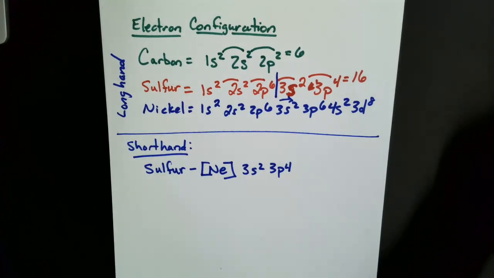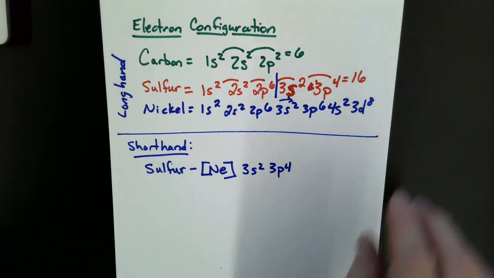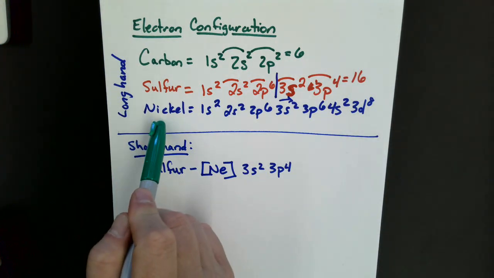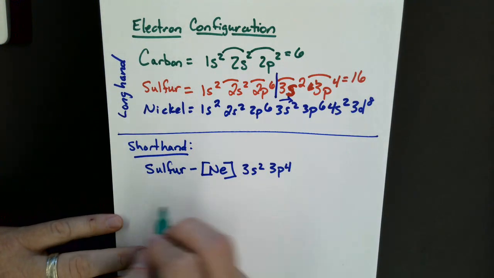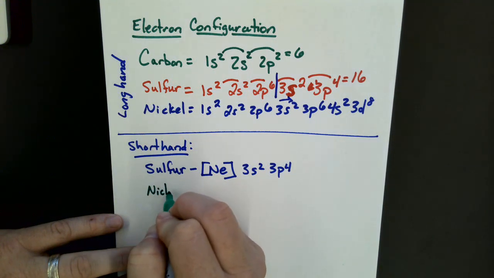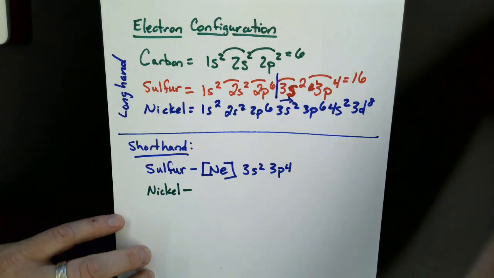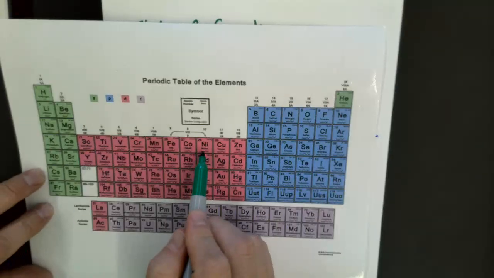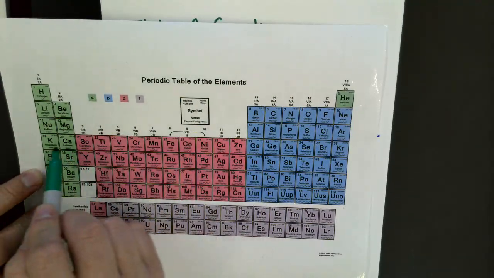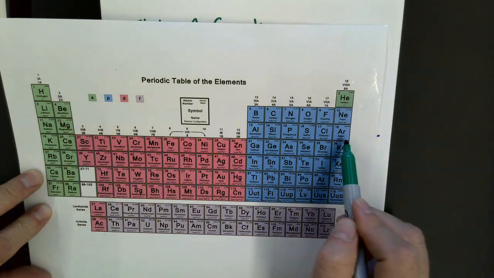So if we take a look at our other one that we had, that's significantly longer, is going to be nickel. And so for nickel, again, we're going to take a look at what was the last noble gas that we filled out. So here, and if we come back, we go up to the level, we're going to notice that argon at 18 was the last noble gas that was filled out.